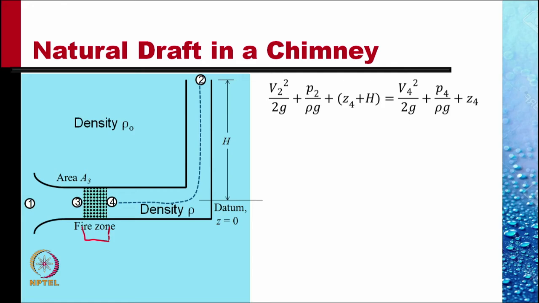The equation of Bernoulli would be V2 square by 2g plus P2 by rho g plus Z4 plus h should be equal to V4 square by 2g plus P4 by rho g plus Z4. Z4 is the elevation of point 4, which is 0 here.